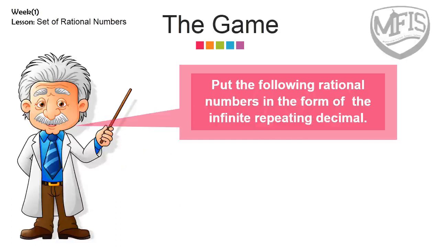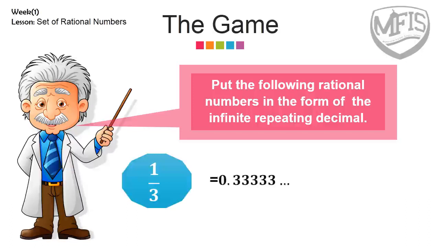Put the following rational numbers in the form of the infinite repeating decimal. One third equals 0.333 and so on, which equals 0.3 with a dot above the recurring digit 3.